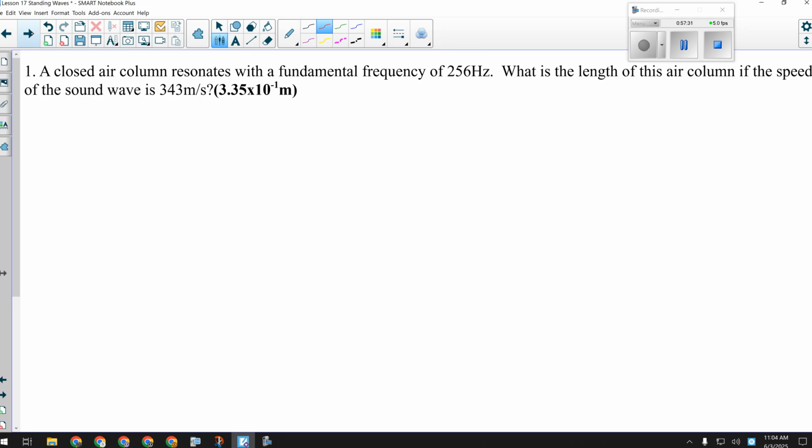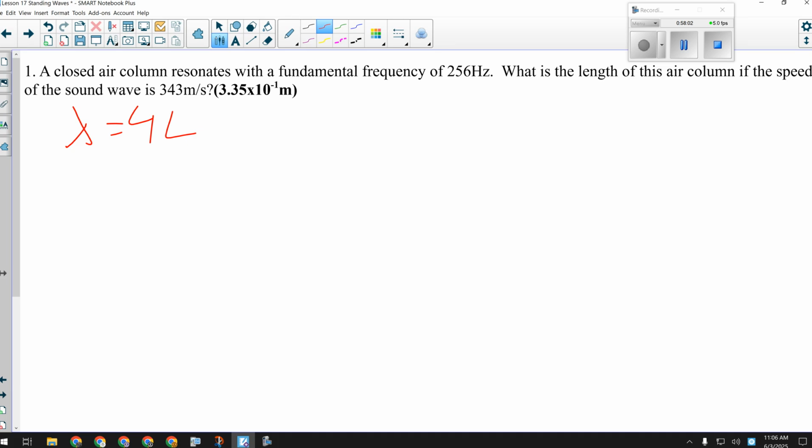I want you guys to copy that one down, and we're going to walk through it here in a minute as an example. So let's have a look at this one here. I have a closed air column, and it's resonating at a fundamental frequency of 256 hertz. So they told me 2 things. They told me this formula applies because it was a closed air column. As soon as I see closed, I go lambda equals 4L.